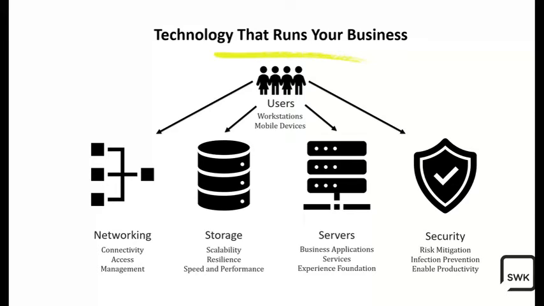So how do we get there? It all starts with networking technology. So ensuring that we have connectivity, access, and management, and that your users are able to talk to each other and to the technology that runs your business on the back end. This is leveraging VPN solutions, wireless access points, switches, and routers. And then we jump into the actual technology that runs your applications.